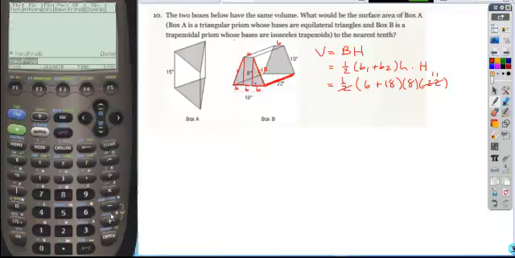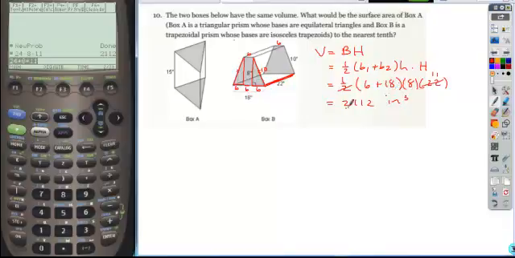I have 6 plus 18 is 24, times 8, times 11, and that gives me my volume of 2112. So both of these boxes are going to have the exact same volume, and again, this is cubic inches.